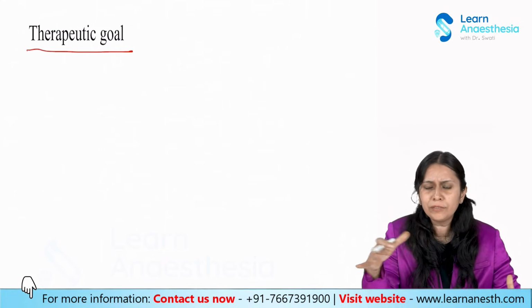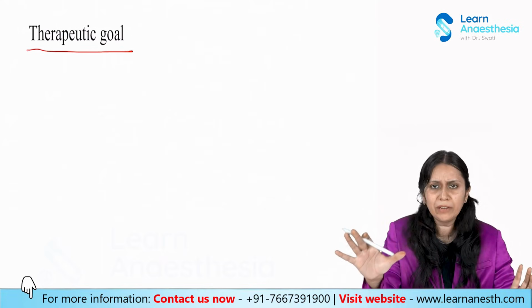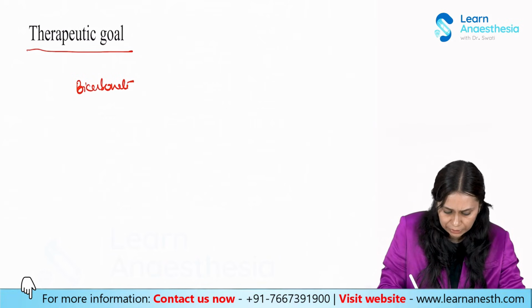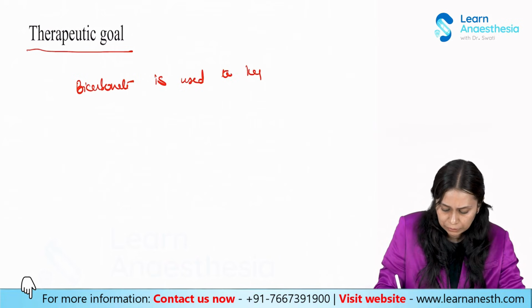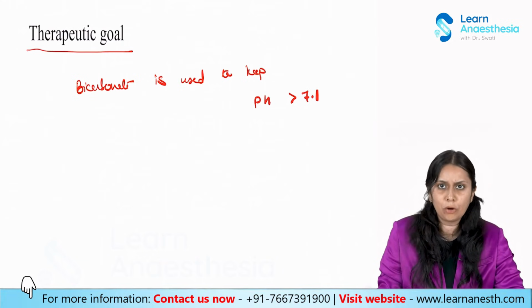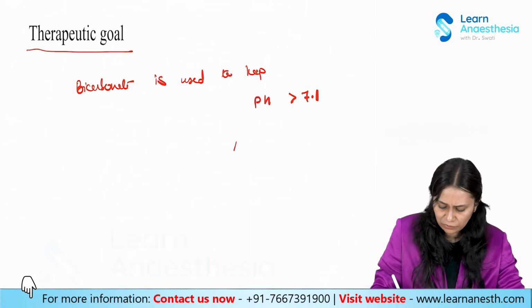It can have a lot of effects, so we have to give the bicarbonate therapy with careful monitoring. So what is the therapeutic goal? Bicarbonate is used to keep pH above 7.1 in normal patients, and in patients with AKI, pH above 7.3.